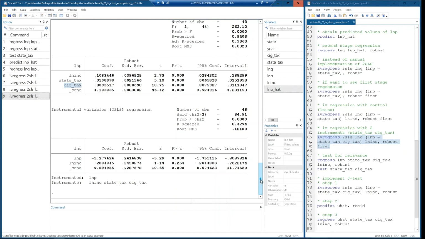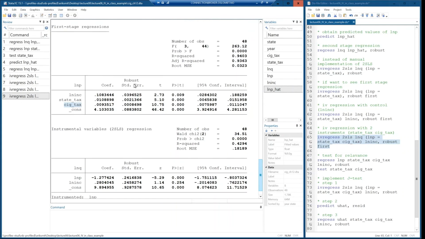If we include cigarette tax in our regression as an instrumental variable, then we can see here from the first stage regression that the p-value is saying that this first stage regression is relevant in explaining the variation in the logarithm of price.